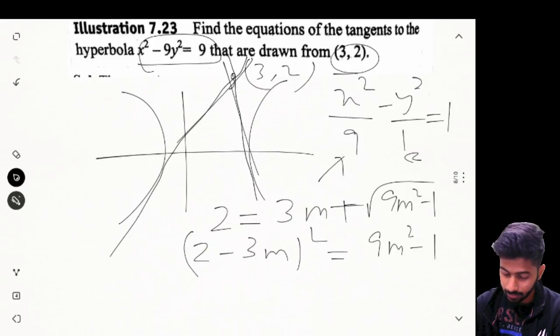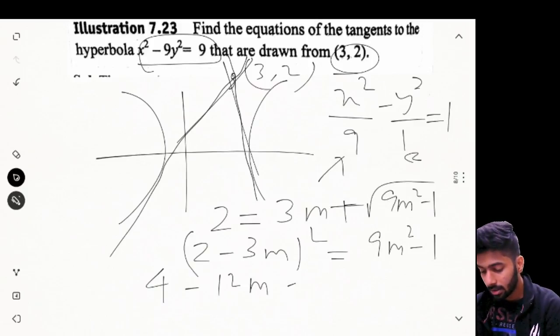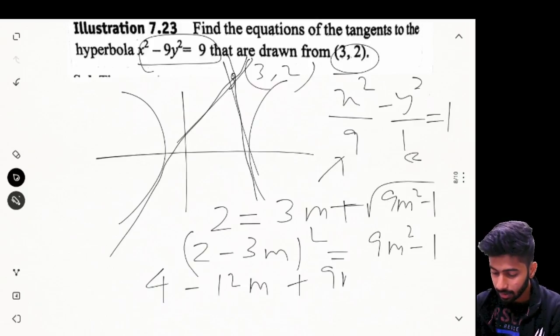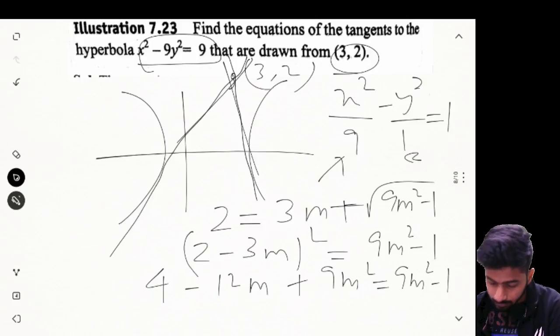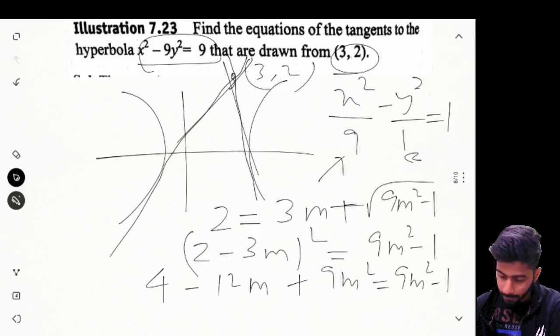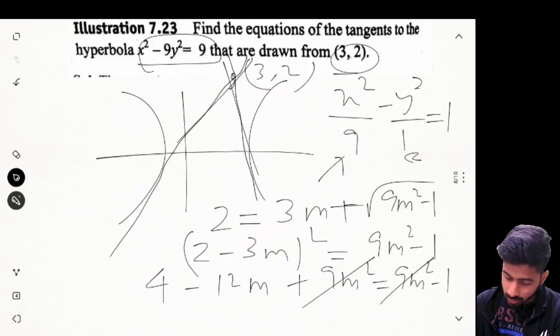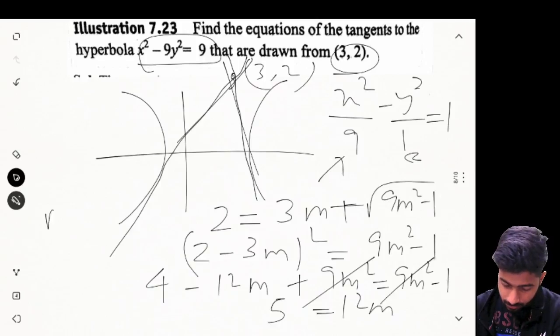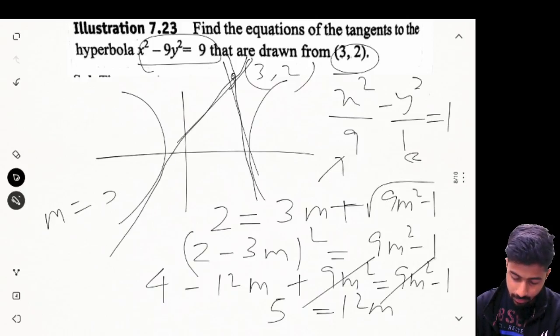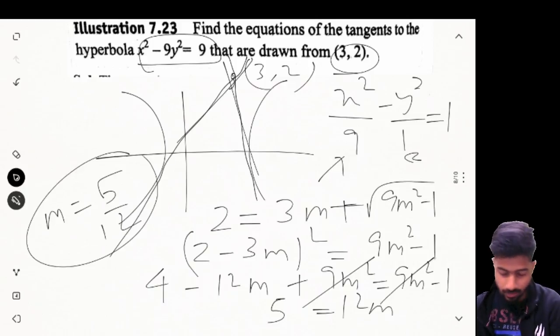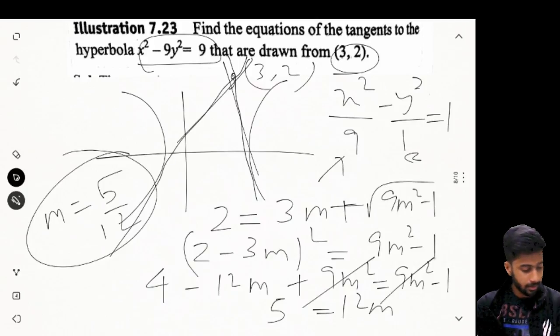So what you have is 4 minus 12m plus 9m square is equal to 9m square minus 1. So you have 5 is equal to 12m, m is equal to 5 by 12. Let's verify the answer.